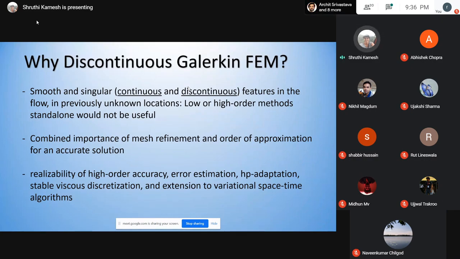Are there any questions so far? Yeah, just one from my side. Talking about the continuous and discontinuous FEM, if you just take this continuous solution and then you just suppress the nodal data points, does that make it a discontinuous solution, or is there more to it?